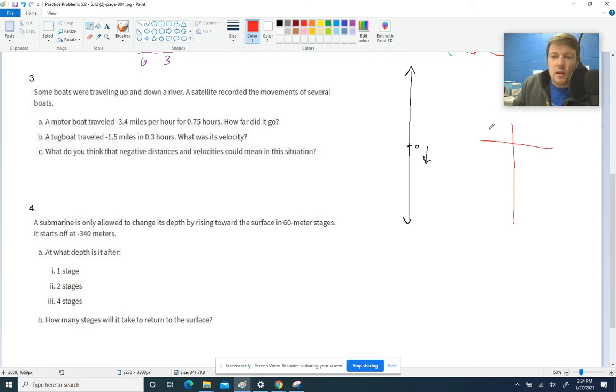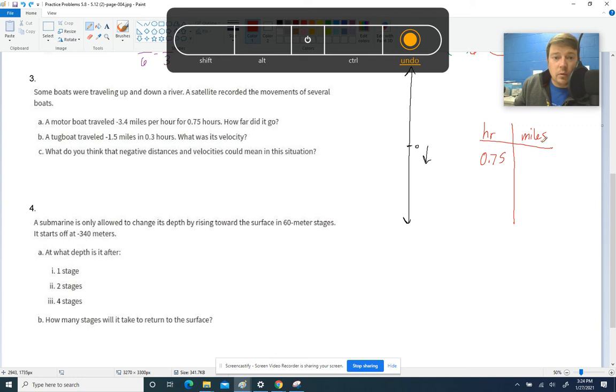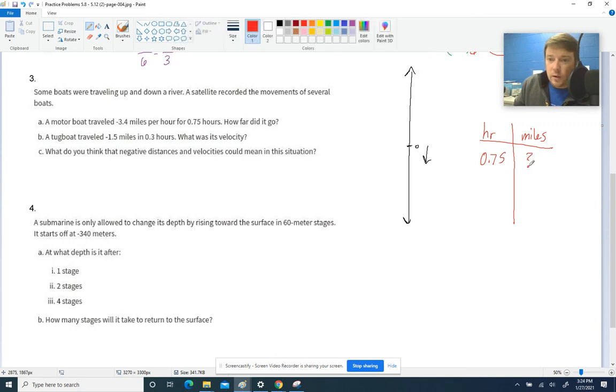Let's do that. We got hours and we got miles. We got 75 hundredths of an hour. We don't know how far it goes, so we don't know the miles, but we do know that the constant of proportionality for this boat is negative 3.4. Well, that makes this easier. I know it's a constant because it says miles per hour. It's a speed.